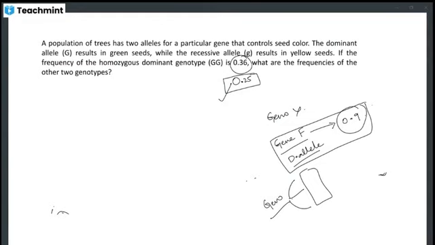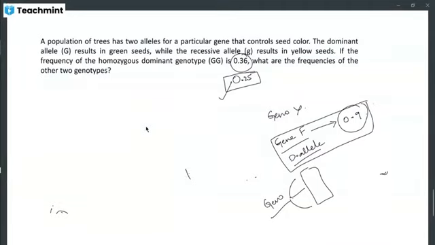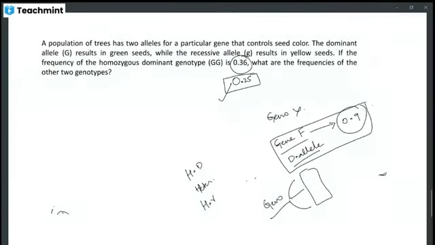Okay. So tell me in terms of the individuals then. In terms of individuals, how many will be homozygous dominant, how many will be heterozygous, and how many will be homozygous recessive? Now you just indicated in terms of frequency.